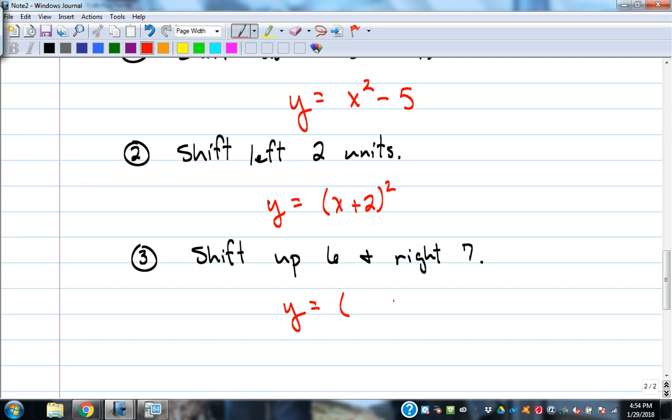I'm going to need parentheses because I've got some horizontal stuff happening. Is it plus 7 or minus 7? Minus 7, because we're moving to the right. And then plus 6 on the outside because we're moving up. Horizontal happens on the inside. Vertical happens on the outside. Keep that in mind.